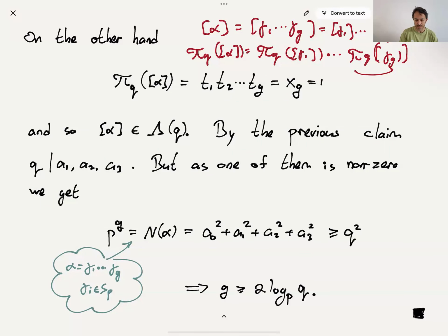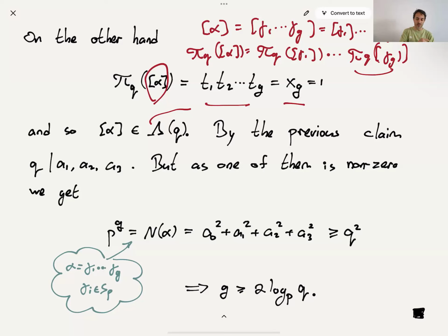Okay, just definitions, but a lot of definitions. Right, so we know that pi q of the class of alpha is the product of the Ti's, but the product of the Ti's leads you to the last vertex, xg, which is 1 as an element in the quotient. And so this element sits in the kernel of pi q, which we denoted by lambda q. And actually, we understand lambda q, right? By a previous claim from the previous video, q divides all of the imaginary parts.